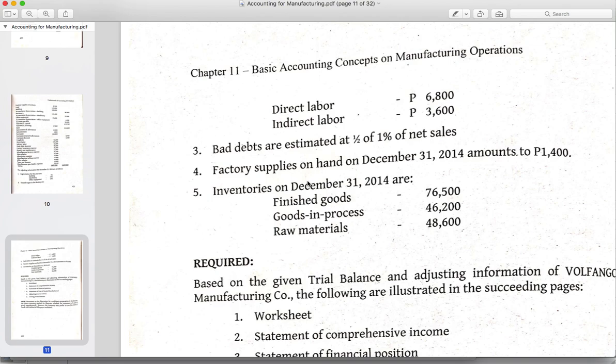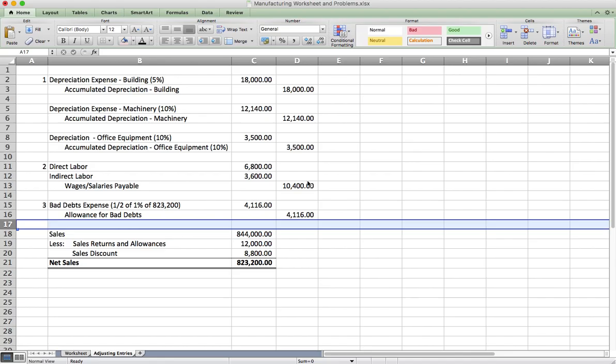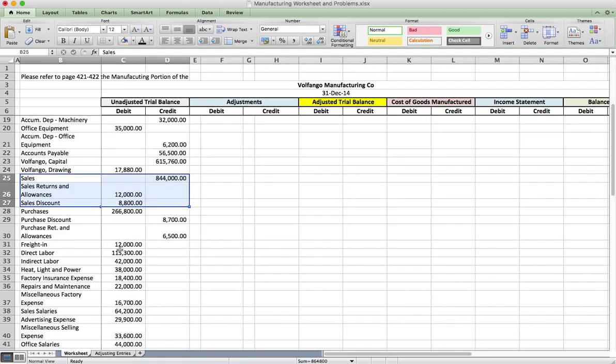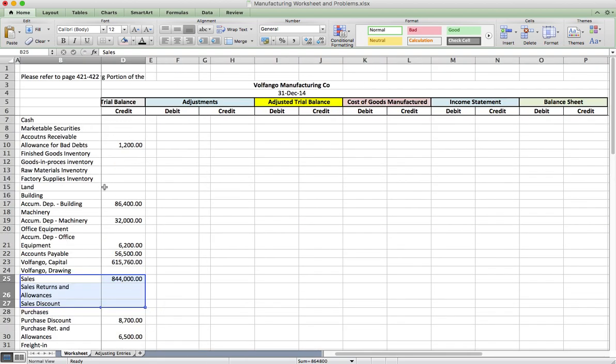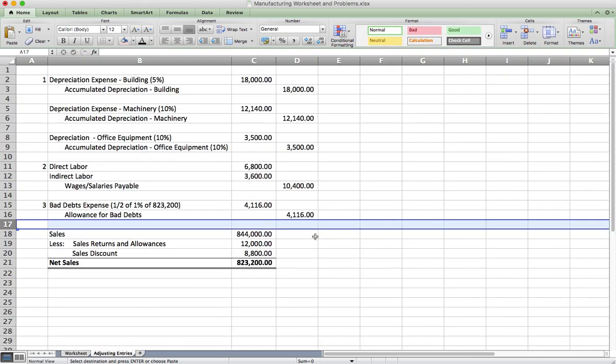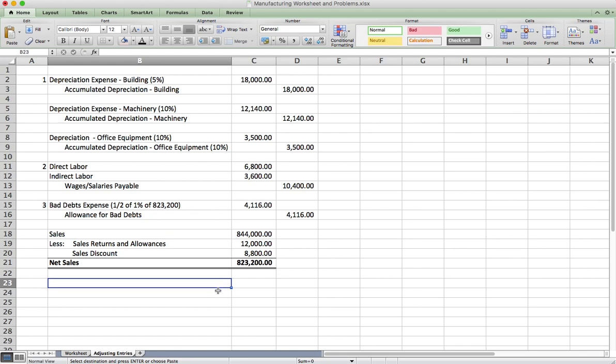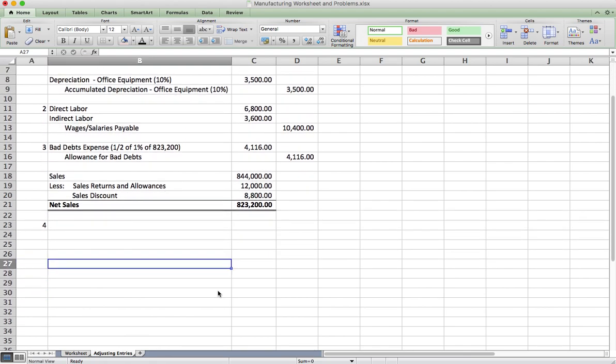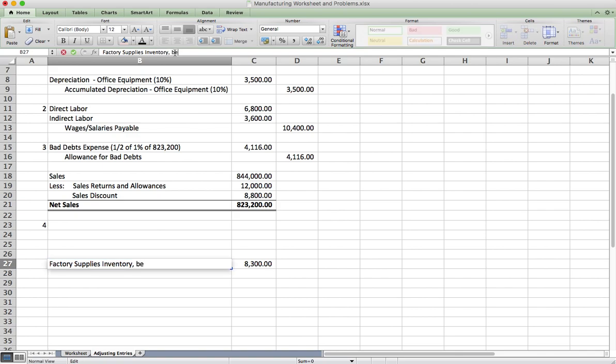So, what is our factory supplies on hand at the beginning? Our beginning balance is factory supplies on hand inventory 8,300.